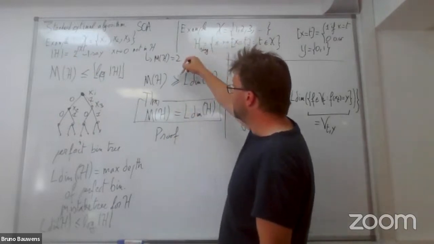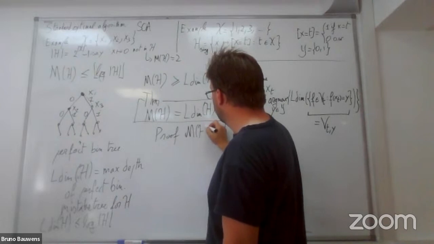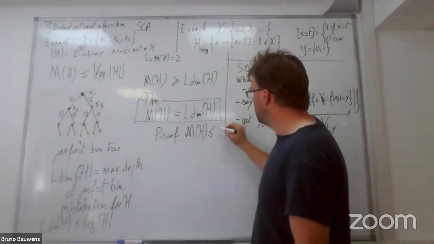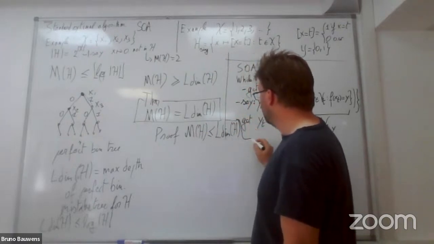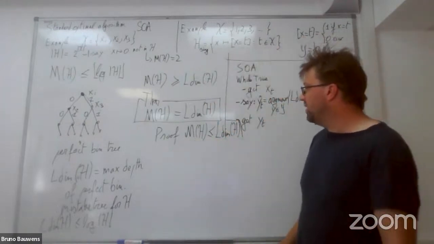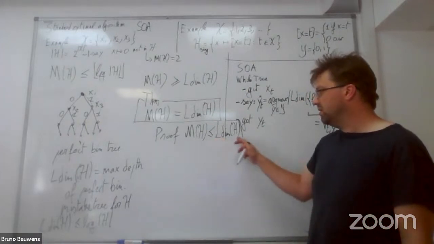One direction is already here, so we need to write the other direction. The mistake bound is smaller than the Littlestone dimension of H. That's what we need to prove. And we will do it by induction on the Littlestone dimension.